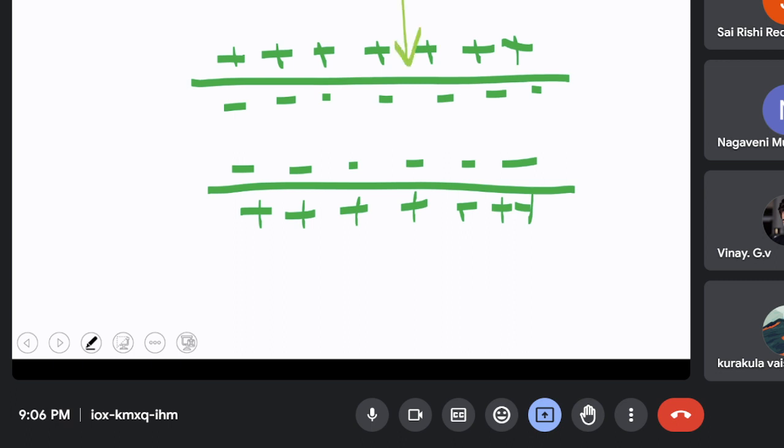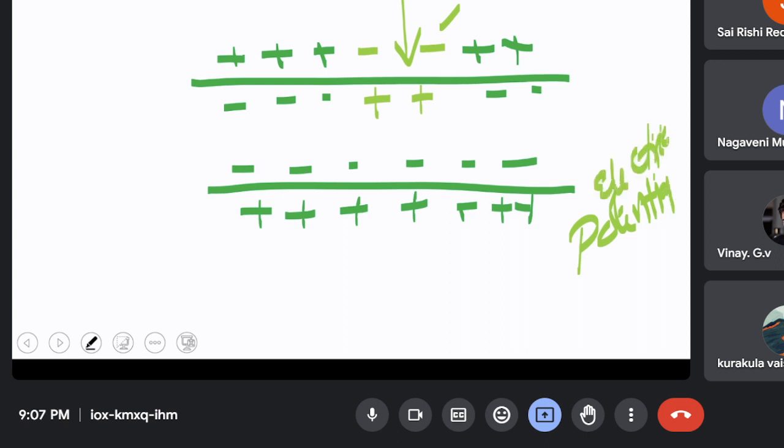Now what happens? Depolarization takes place. Due to depolarization, sodium influx takes place, and now there occurs a reversal of charges on either side. Before repolarization happens, there is a reversal of charges here. That means there is a potential difference from minus 70 to plus 40, so an electrical potential is said to be generated.